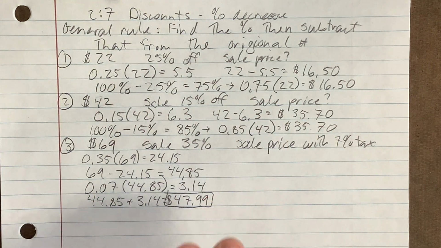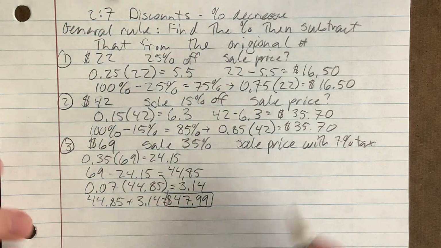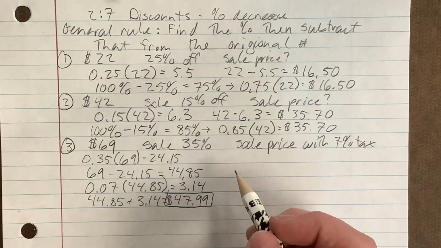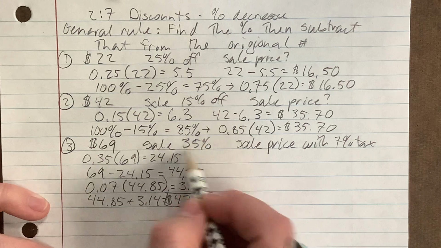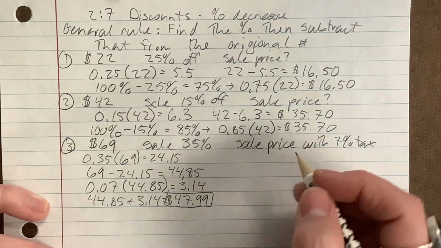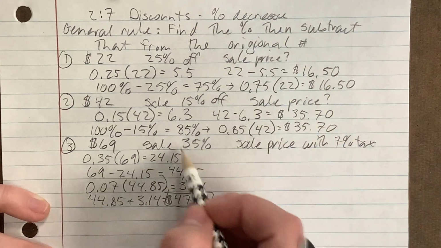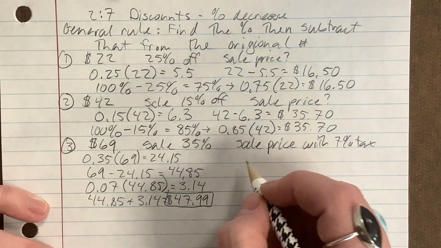Let's do it again, but this time we're going to do it by subtracting the percents rather than subtracting the actual numbers. So first off, if it's 35% off, we need to find out how much we are paying.